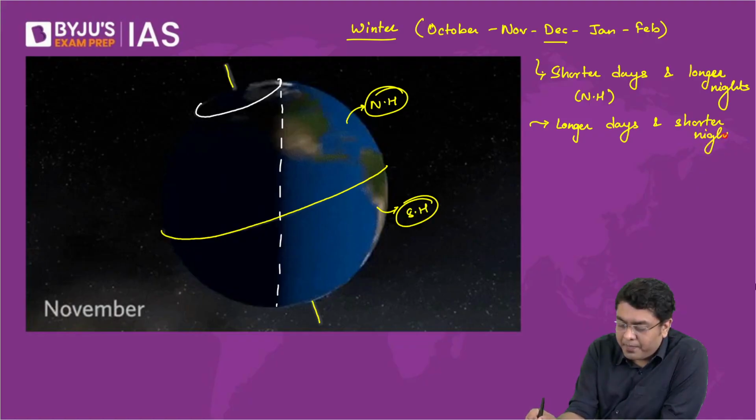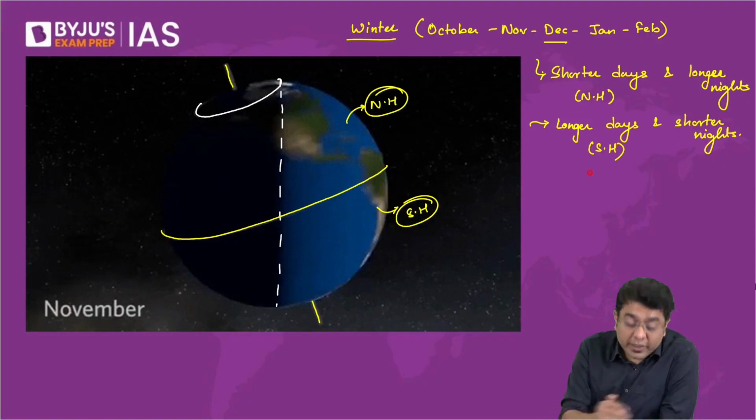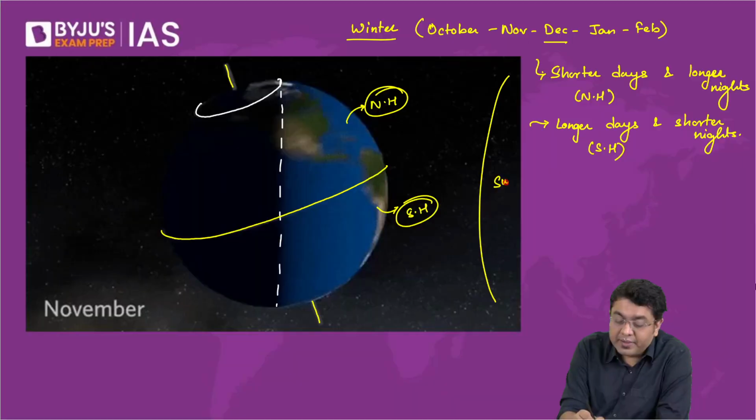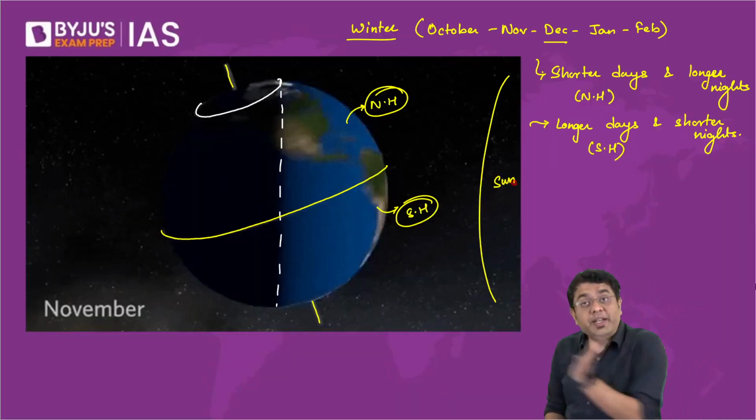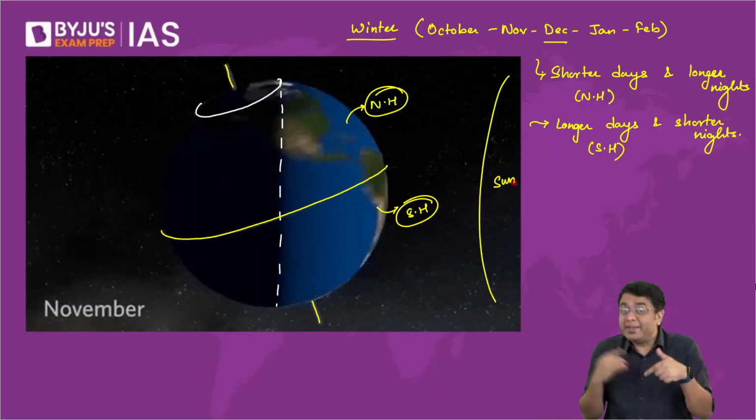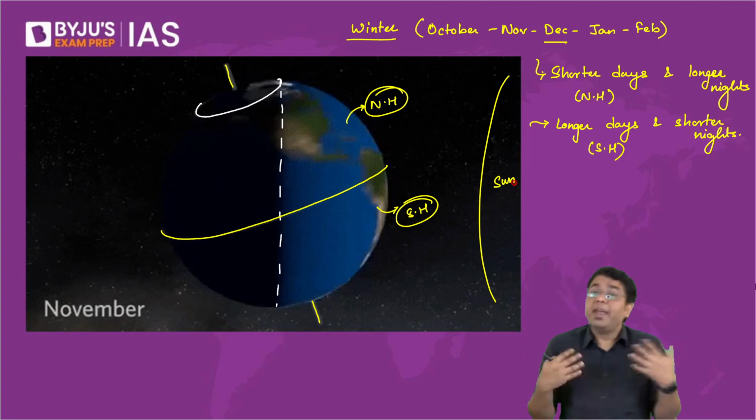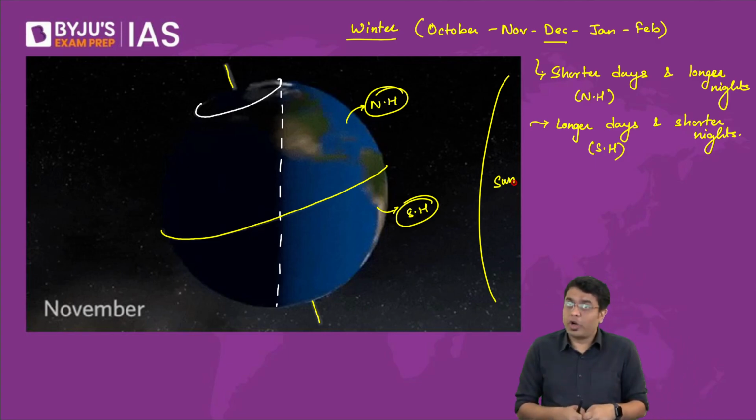Where? In the southern hemisphere. Why? Because the southern hemisphere, look, if this is the position of the sun, the southern hemisphere appears to be tilted towards the sun. Hence, greater exposure to the sun, hence longer days and shorter nights.